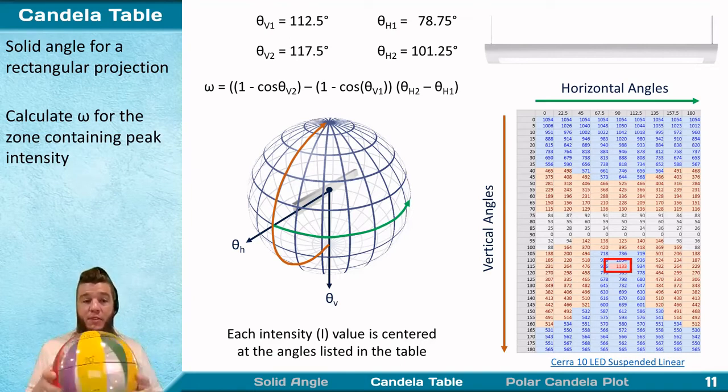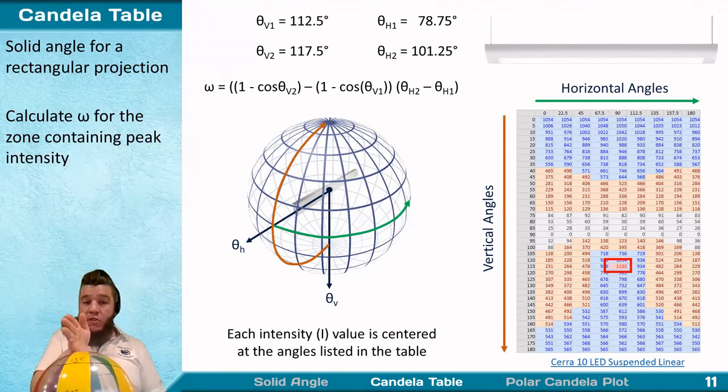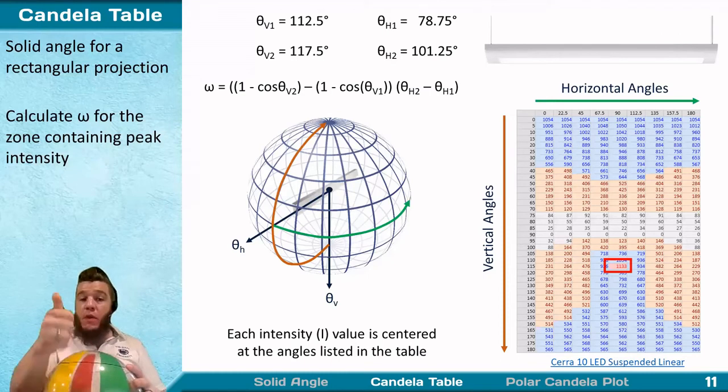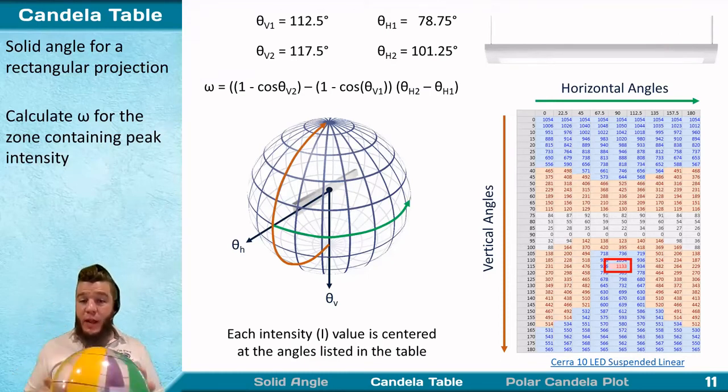If we think about where this is located on our sphere, our long axis for this luminaire is at 0 horizontal. So we're actually going to rotate around to about 90 degrees. The peak intensity is coming off the side of this luminaire.